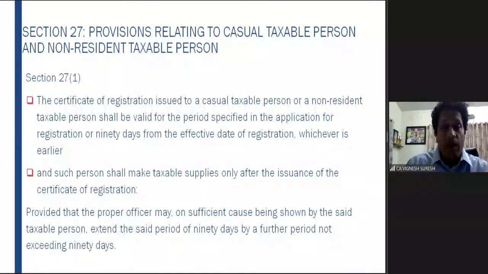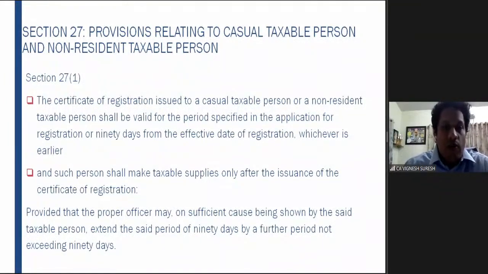Section 27 subsection 1: The certificate of registration issued to a casual taxable person or a non-resident taxable person shall be valid for the period specified in the application for registration or 90 days from the effective date of registration, whichever is earlier. So how does this registration work?